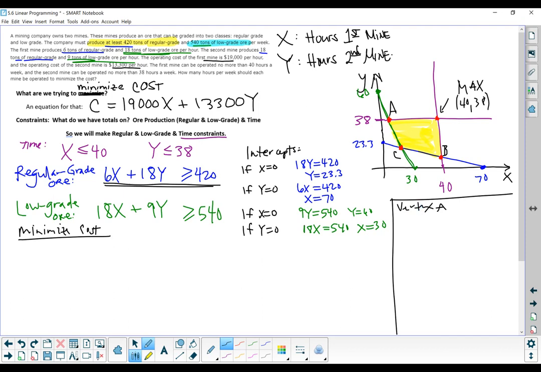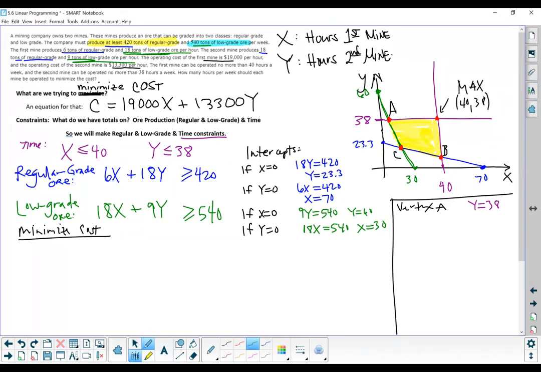I'm not taking that out of the video because it's good to think about things and good to see that other people have to think about things. Point A, we definitely know has a Y value of 38. And it is also located on the green line. So use the green line to sub in because it's on the green line.